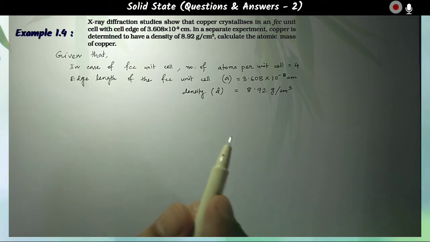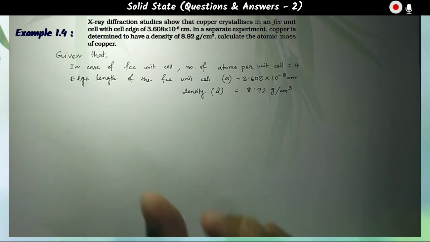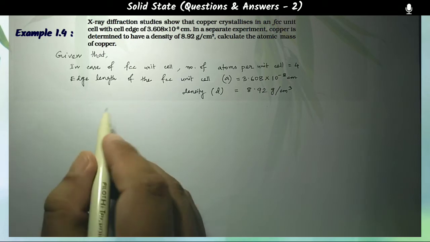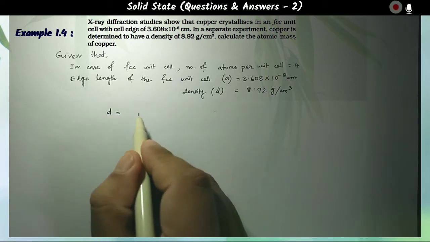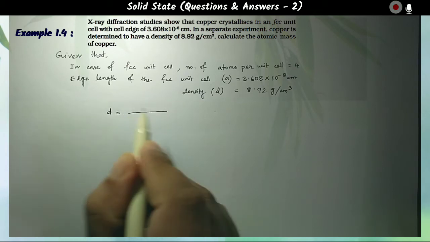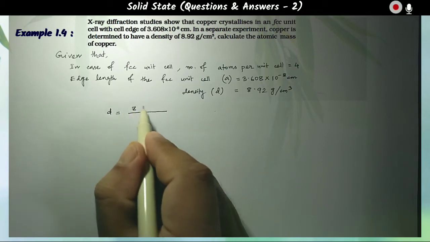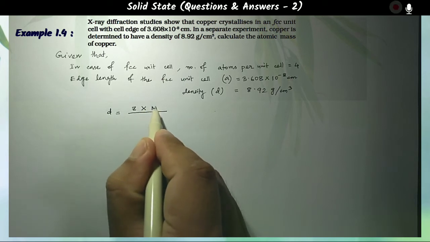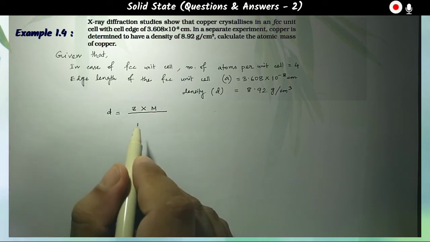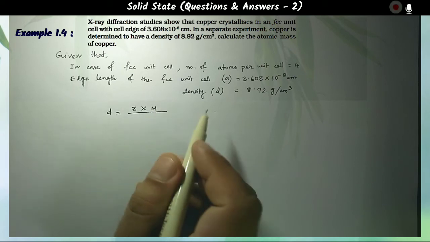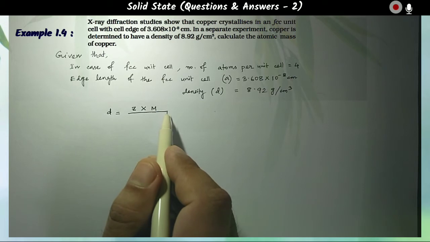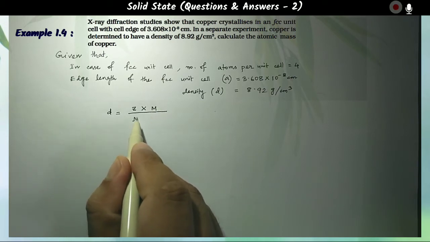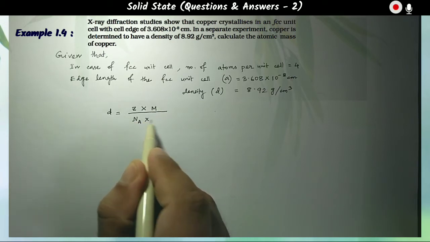So we can use the formula which we have already derived in the previous class, which is density D is equal to Z, the number of atoms present in one unit cell, into the atomic mass of the atoms, or in case of molecules the molecular mass. Capital M represents the atomic mass of copper here, divided by Avogadro number into a cube.